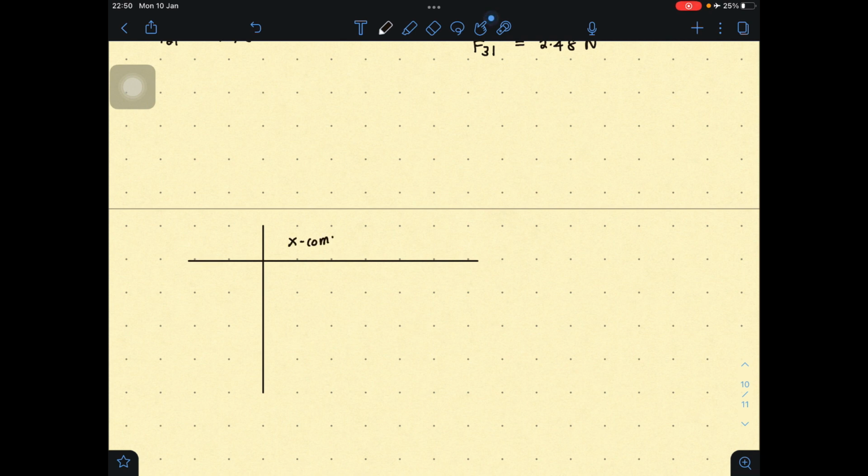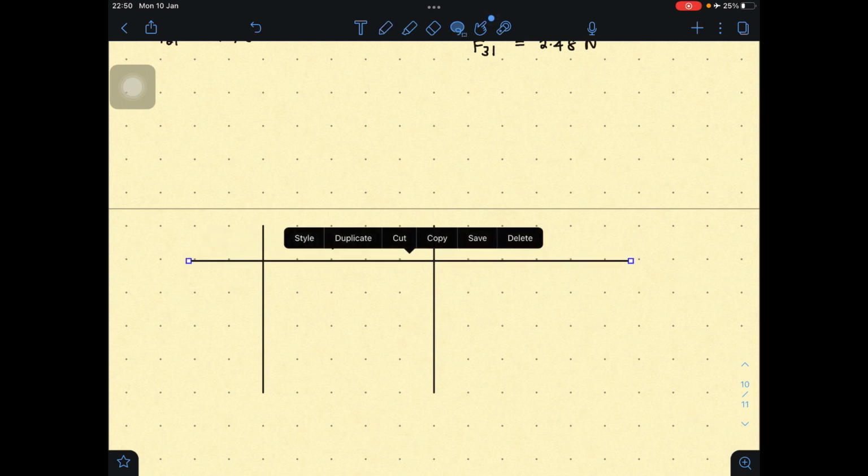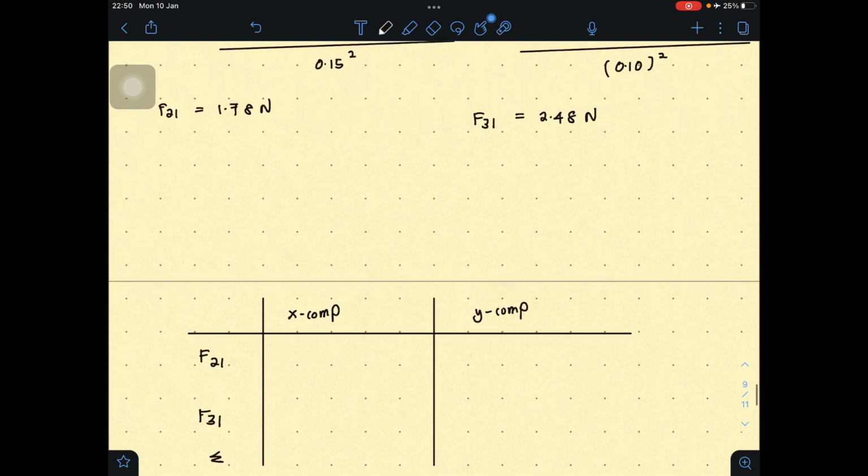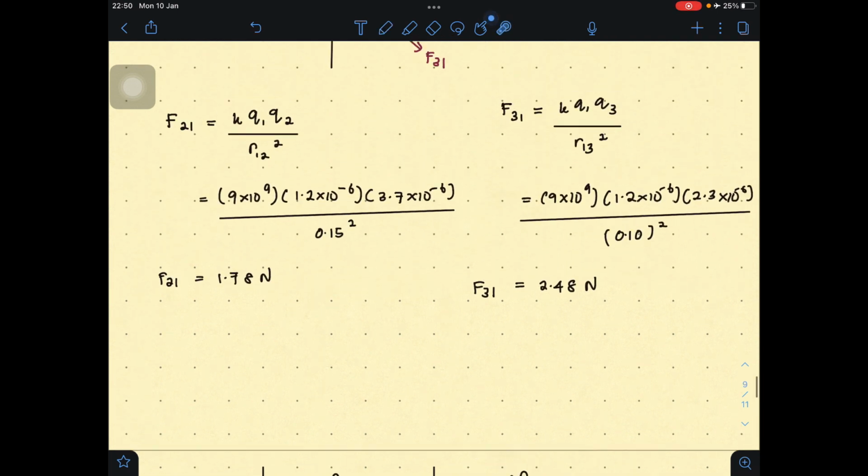Okay, kita gunakan jadual. X component and then Y component. So masukkan dekat sini F21, F31 and then the sum of the force. Okay, so F21.